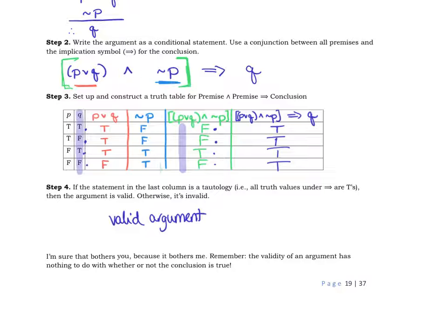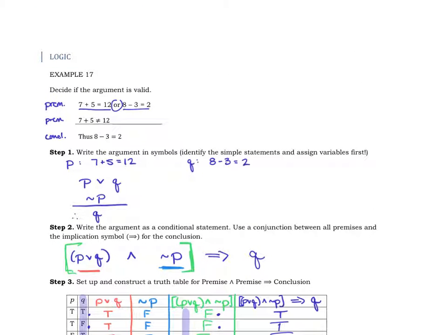You might have lost sight of it, and actually that's a good thing, because all we talked about was P's and Q's, but really, what did we just conclude? We said 8 minus 3 was 2. Again, this is not about whether or not the statements themselves are true. This is about whether the argument that's being made even has validity.